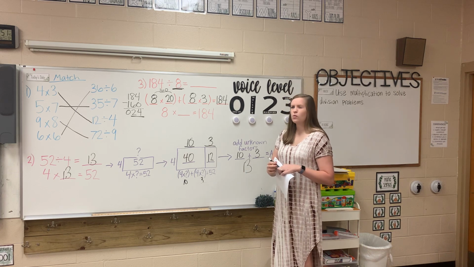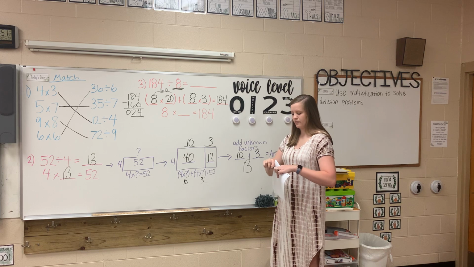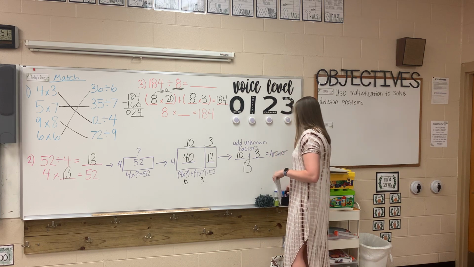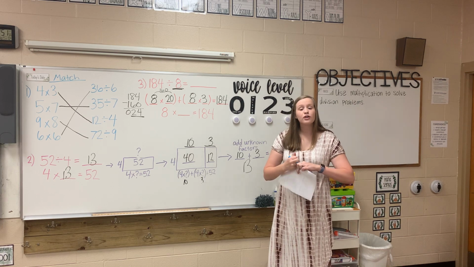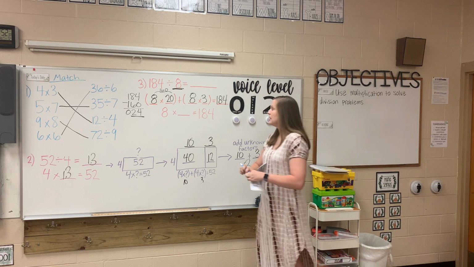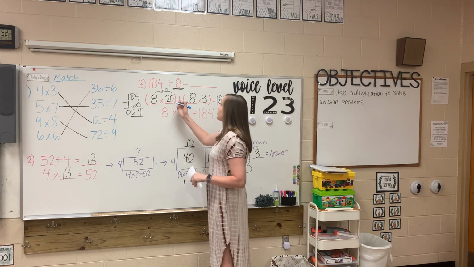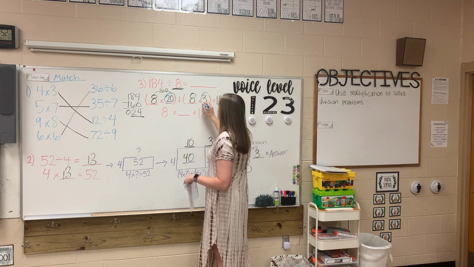Well, who can remember which numbers in this problem that we just solved we're going to add together? Right, the two numbers that we found, our two unknowns, or the two numbers that were not originally in our problem. So we don't need the 8, but we do need the 20. Don't need the 8, we do need the 3.